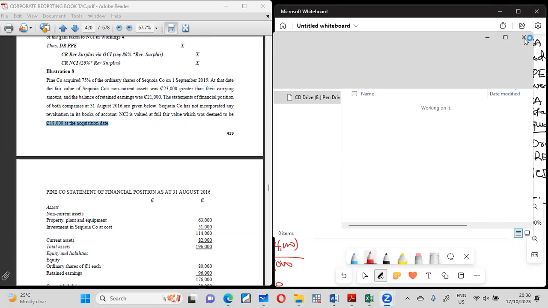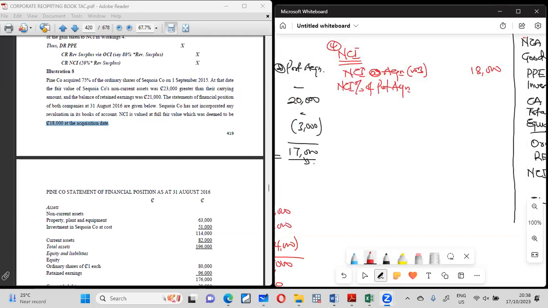All right. So let's wait for this thing to leave the screen. What is the NCI share of the post-acquisition profit? So you will use the NCI percentage. What was the NCI percentage? 25%.